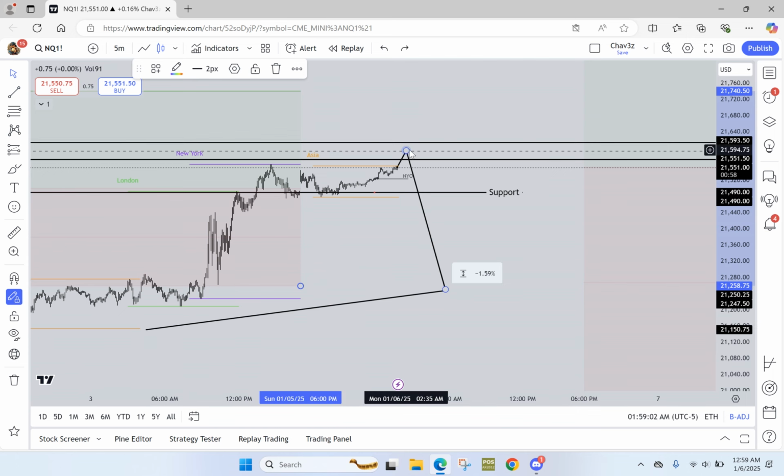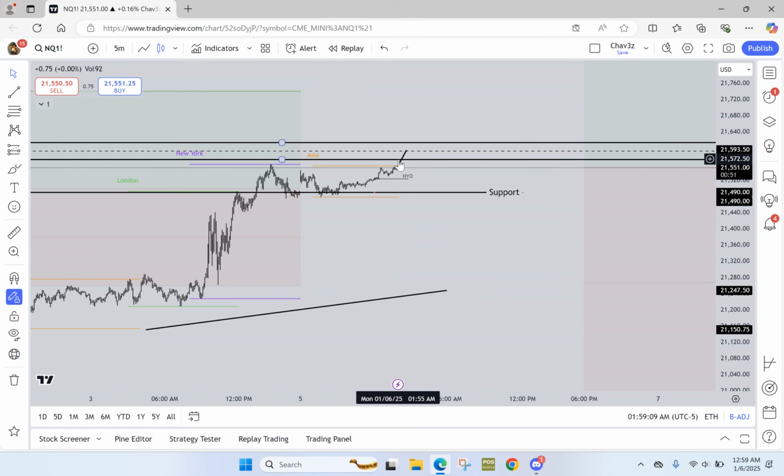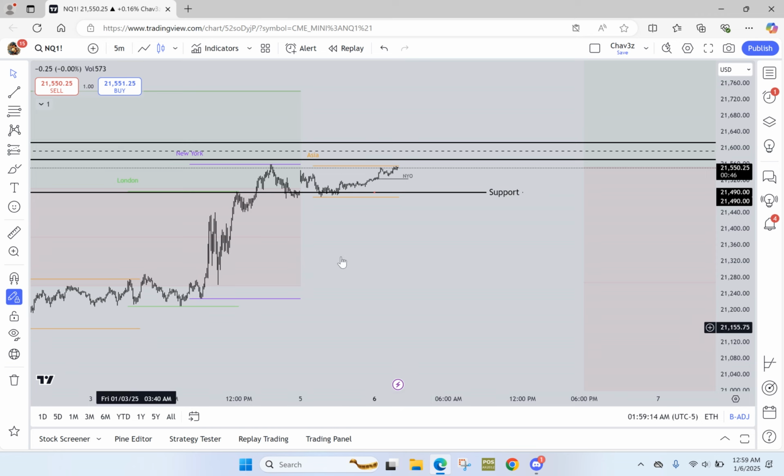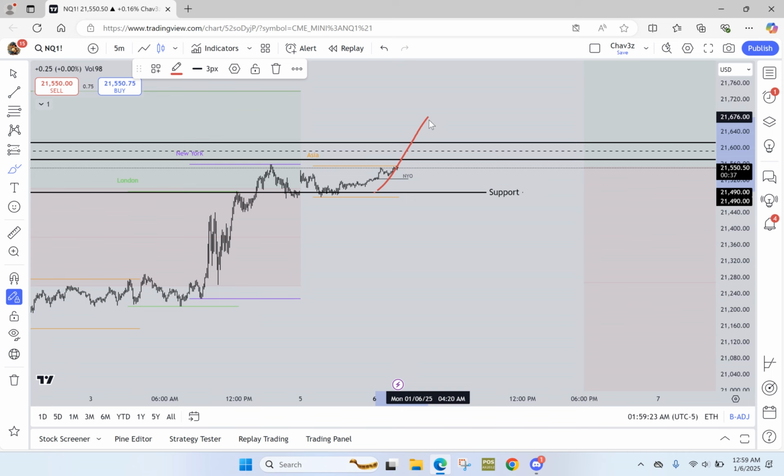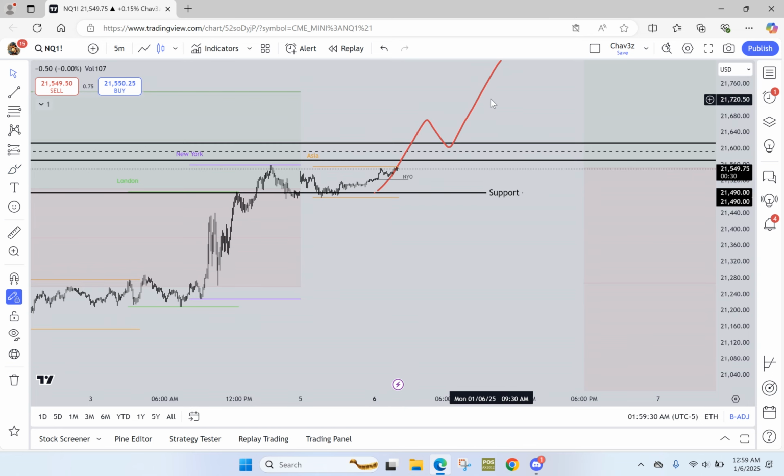This would be our scenario 1: we come back up and we tap into this higher time frame PD array, which is the 4 hour, and then we end up dropping down to previous day low. Our first TP would be what? It'd be equilibrium. Our second trade would be we come back up higher and we attack the 4 hour and we create a retest on the 4 hour, and then we attack this high up here. That would be my second setup, my B plus setup.